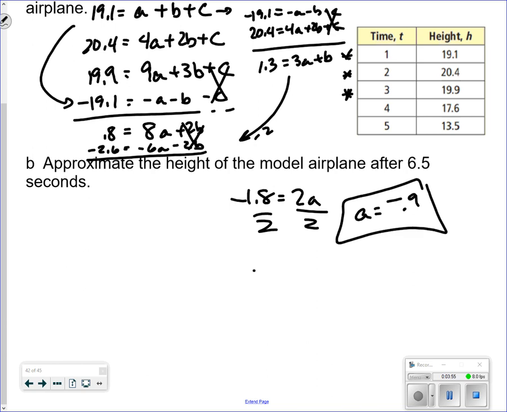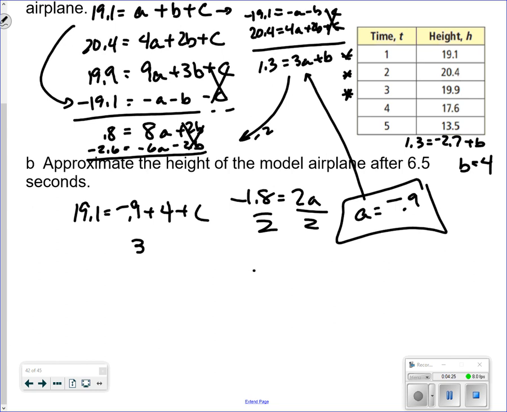So I've got an A value. Now go back up here and put negative 0.9 in for A. So 3 times negative 0.9 is negative 2.7 plus B. If I add 2.7, B is equal to 4. And now I go all the way back up into the first one. 19.1 equals A plus B plus C. So 3.1.